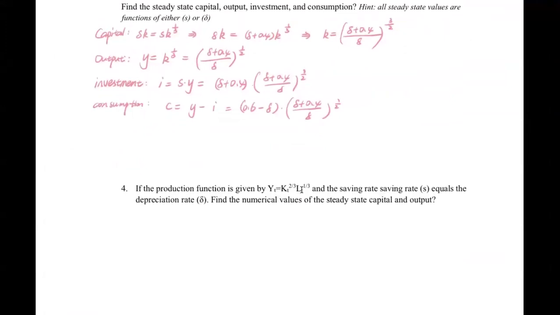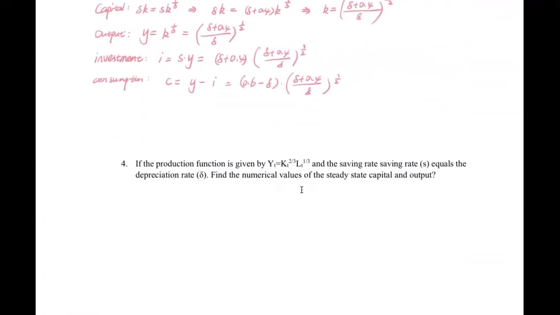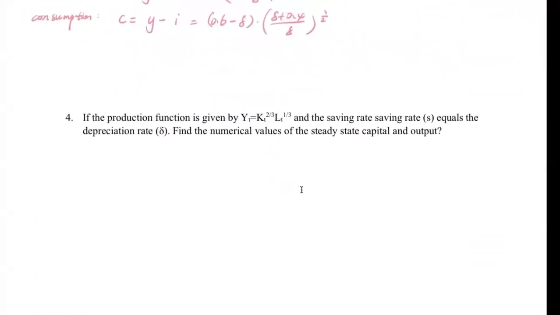Okay, now you can get the steady state of all the requirements. For the last one, the production function is given here, and I will not copy it. The saving rate S equals delta, and find the numerical values of the steady state capital and output.